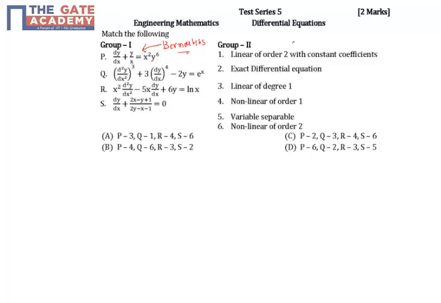If you see here, this e^x is a non-linear function, right? Because of this, the equation becomes non-linear. So equation Q is non-linear of order 2.